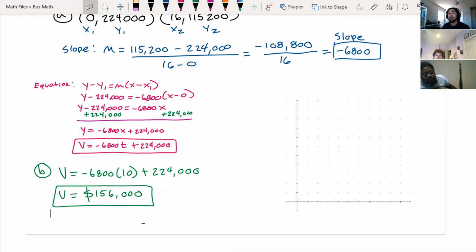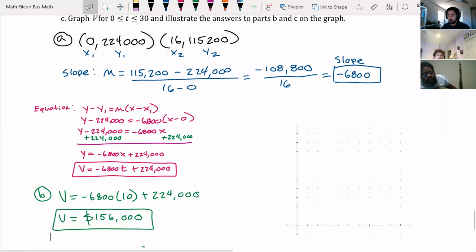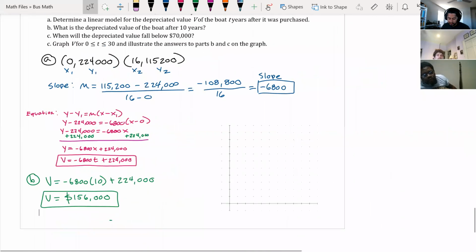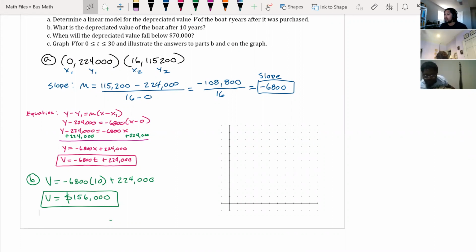Okay. And then the next question, C, when will the depreciated value fall below 70,000? So this one is reverse from what B says. B said, after 10 years, what is the value? C says, the value is 70,000, find the amount of years. So this time, you're going to take 70,000 and plug it in for which variable?